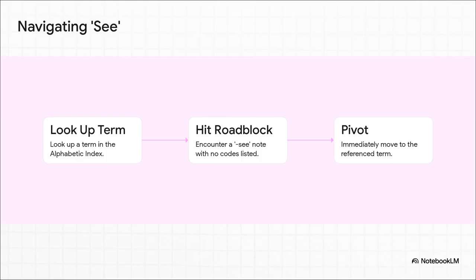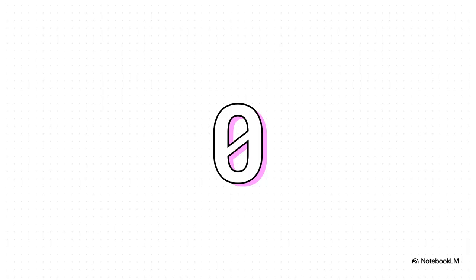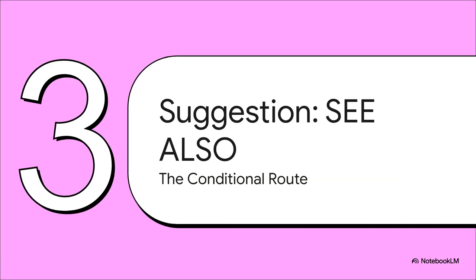You have to flip over to the N section and look under nephrosis to find the actual valid codes. Because if you try to stay on your original page when you hit a "see" note, you're going to find exactly 0 codes. That is how many codes exist if you stubbornly stay where you are, 0. You have to make that mandatory detour because the index simply does not have the information you need in that initial spot.